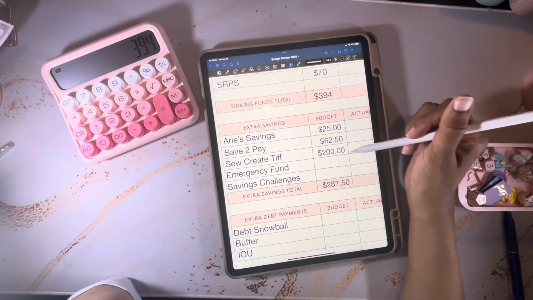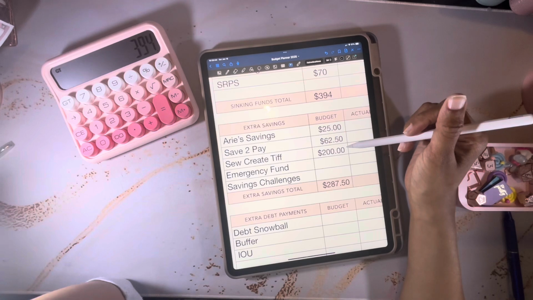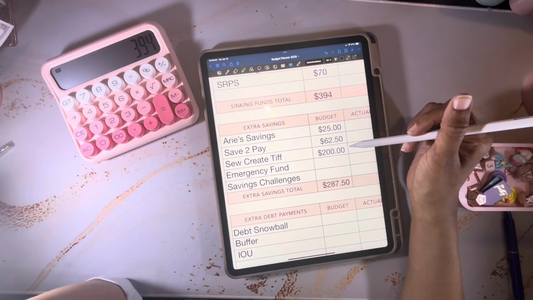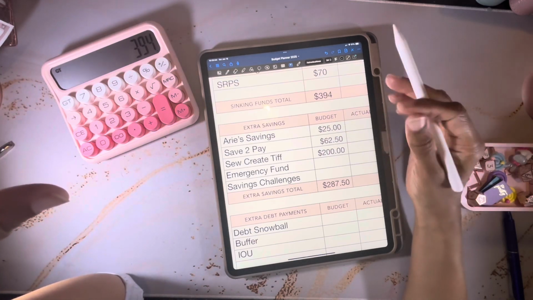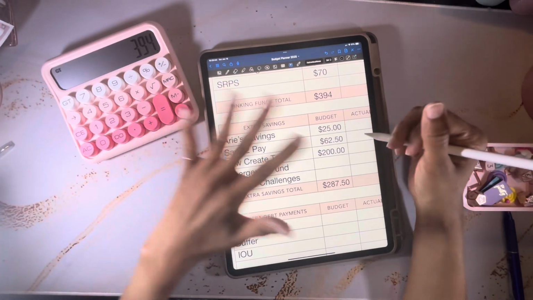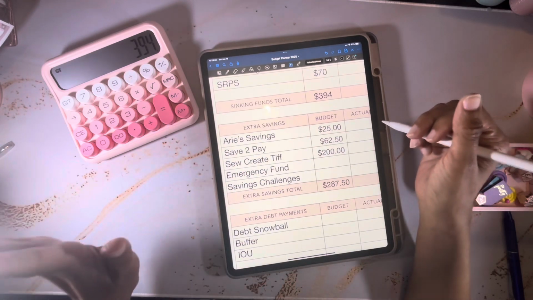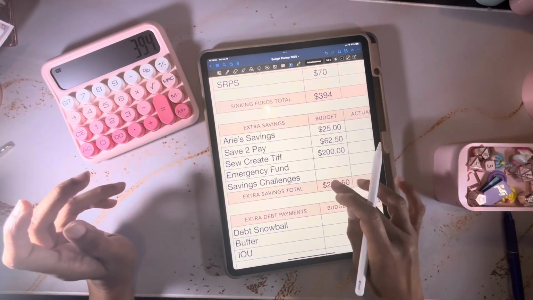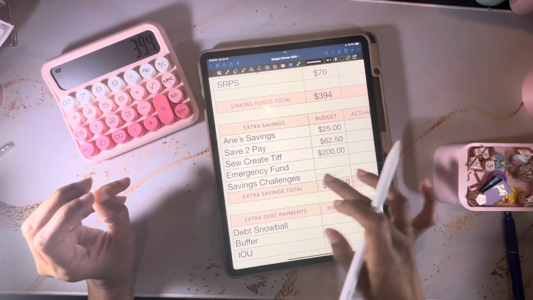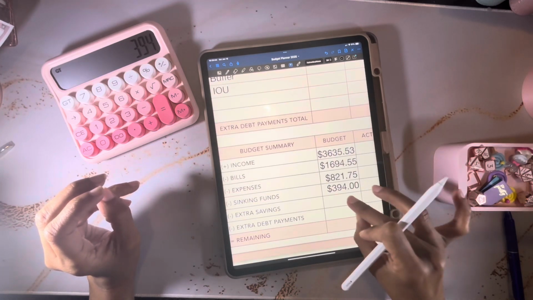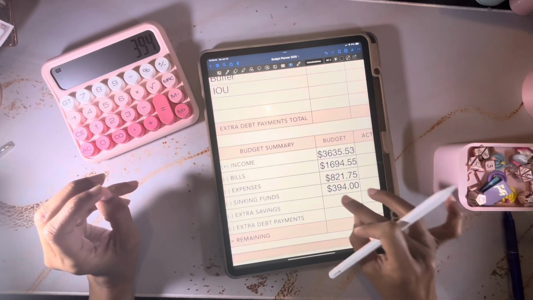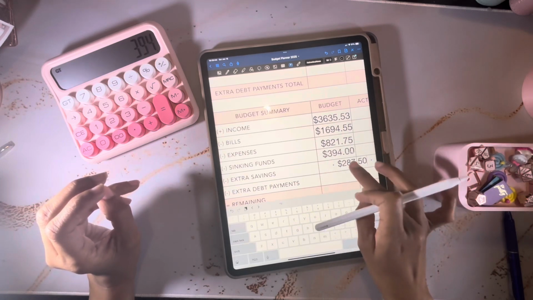And then this is for my craft budget account, like all of my subscriptions, Canva, HP, Amazon Prime, Cricut Design Space, all of those are pulled out of this account, and I just send money to that account, so it's totally separate. And so that total gives me $287.50. So let's copy, and we're gonna put that into our extra savings summary.